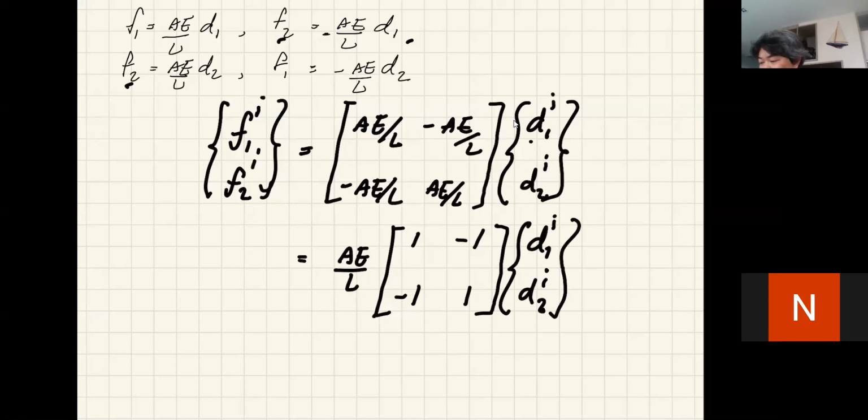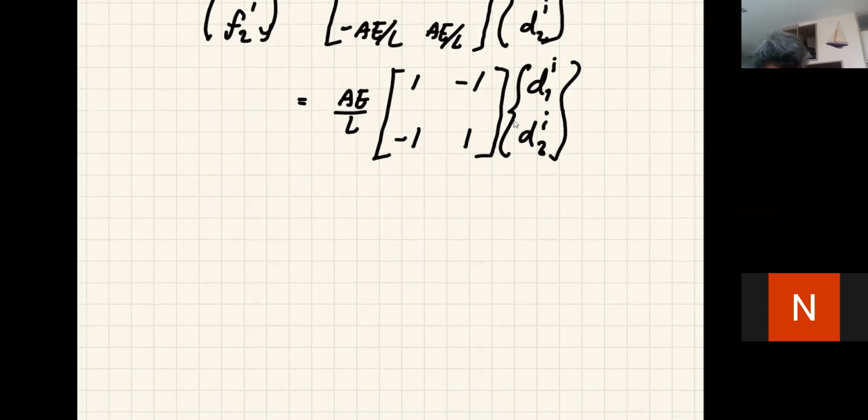Okay, but that's not the end of it. We need to extend our stiffness matrix a little bit, because if you recall, we have done this for a member with degree of freedom in this direction alone, right? But in the real world, you have your two-force member, and you should have degrees of freedom in this direction as well, so that we can now have our member in a complete 2D world.